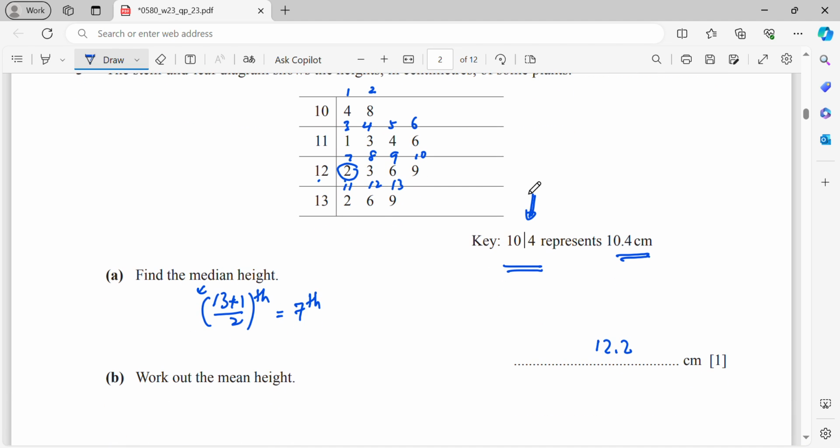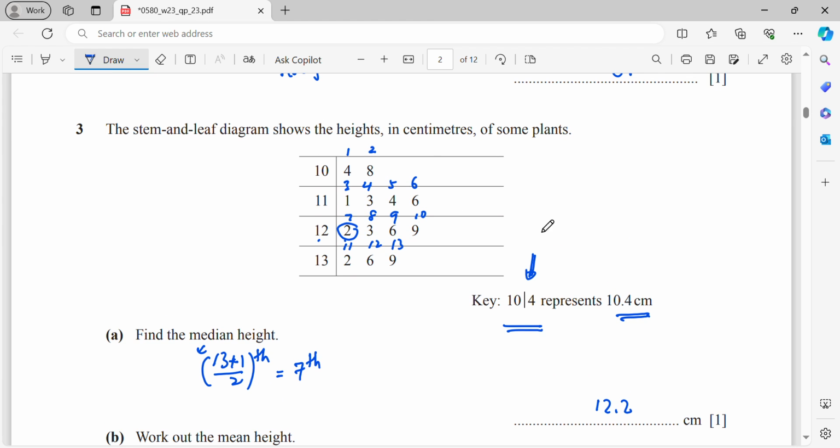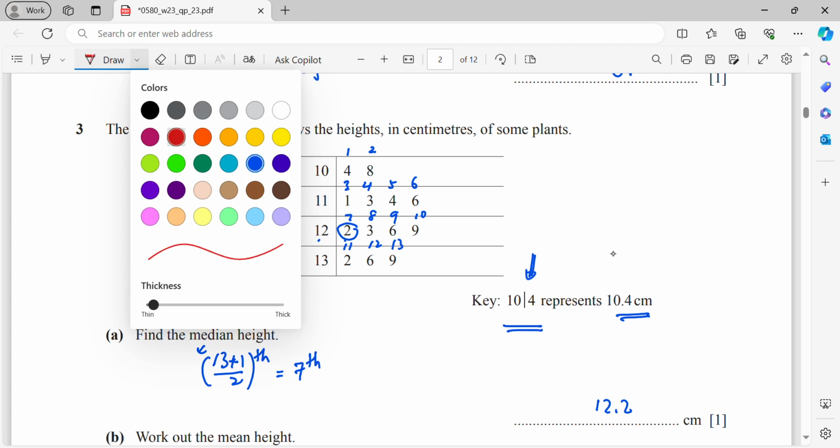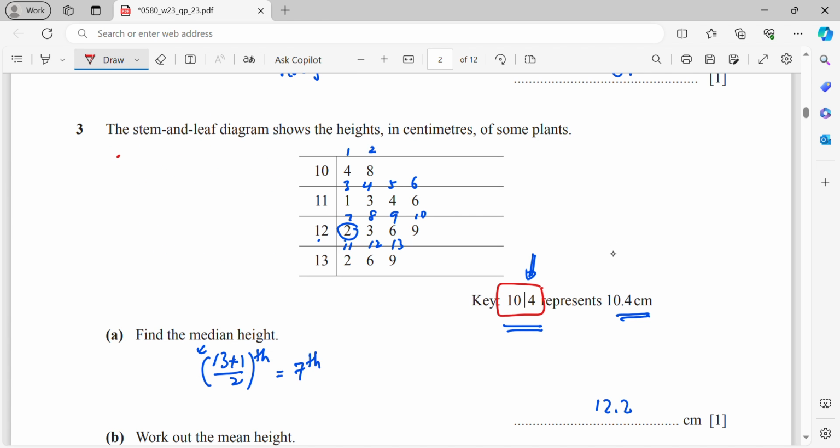Now B, work out the mean height. Mean height means you have to add all data divided by the number of data. 10/4 means 10.4, so get all the actual values first.